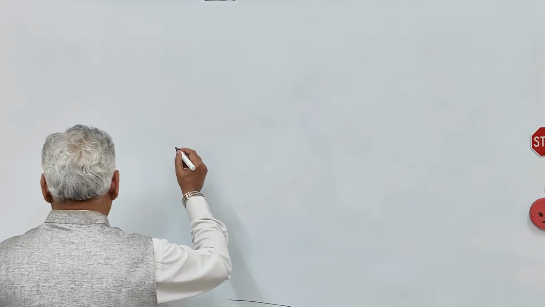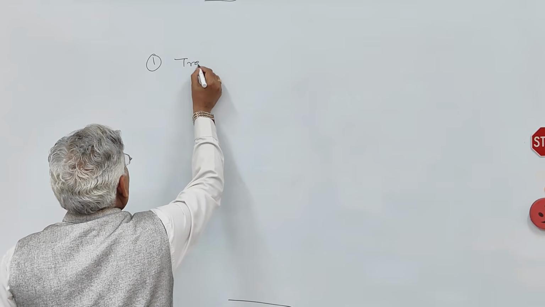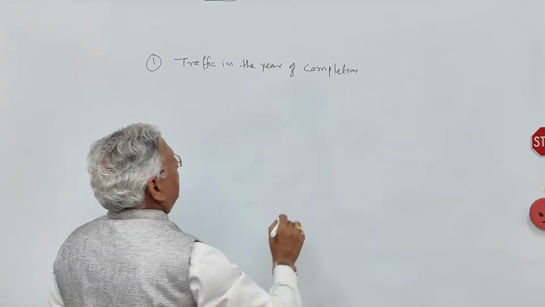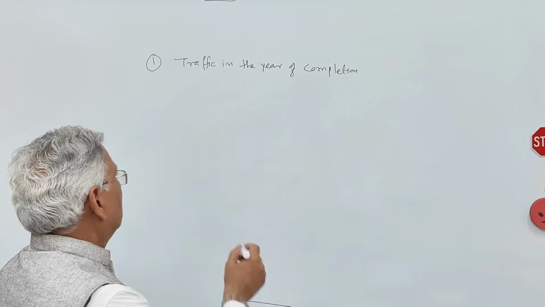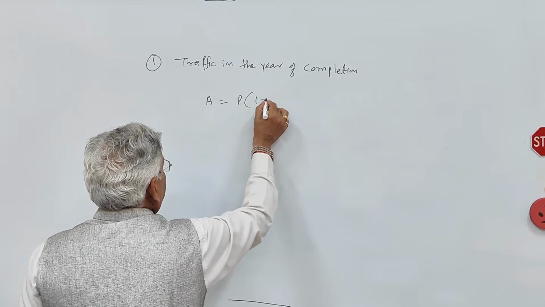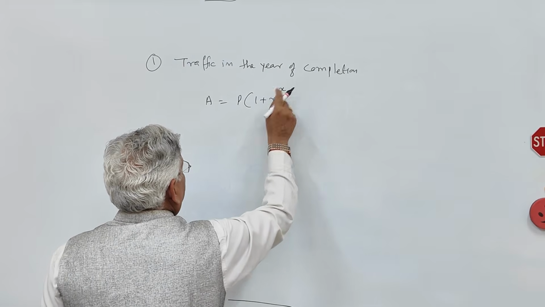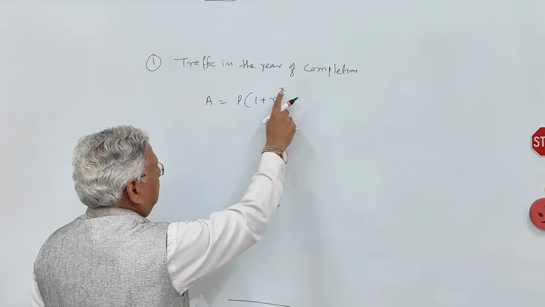The first step is to estimate traffic in the year of completion. Completion period is given as 3 years, and therefore the traffic is present day traffic P into (1 plus R) power X, where X is the number of years taken for the construction.